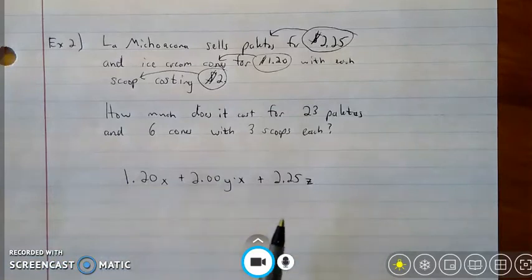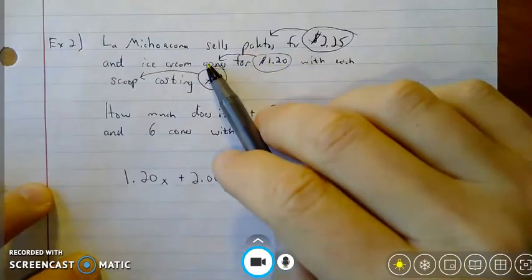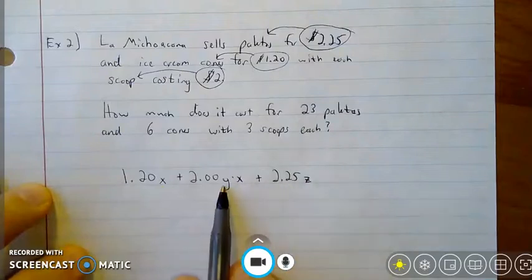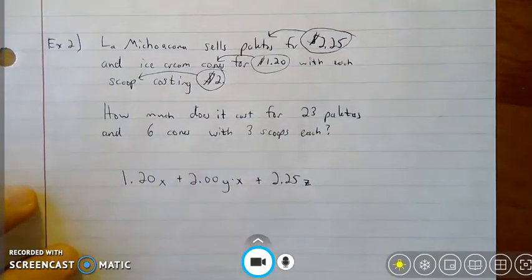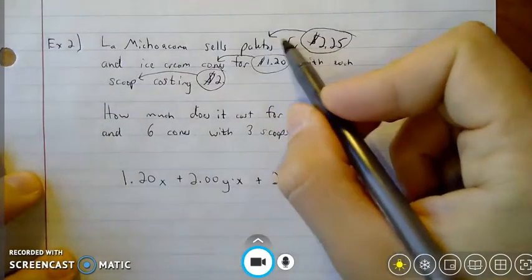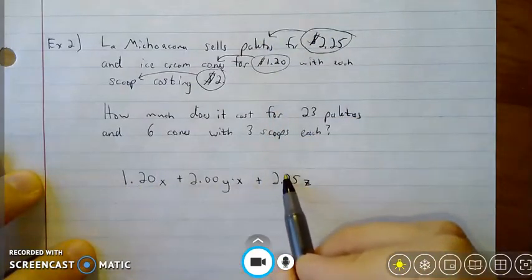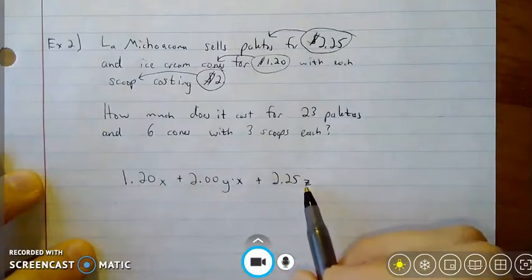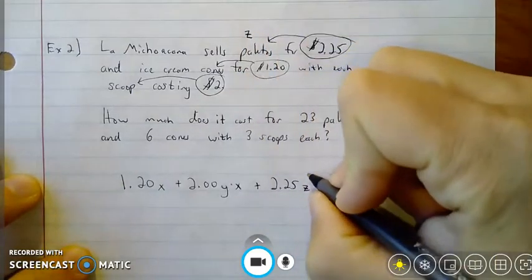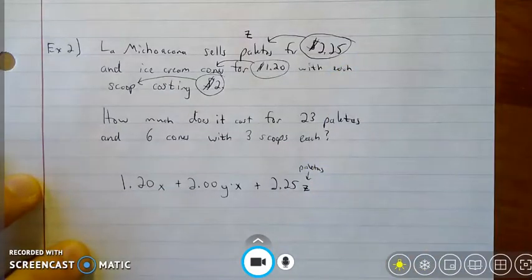So in this expression, it's not as easy as saying, oh, paletas, the variable should be p, cones, it should be c, and scoops, it should be s. We got to figure out, what does x represent, what does y represent, and what does z represent. So the way I would suggest doing this is just looking at what the connections we have up here. So it's 2.25 for a paleta. I only see a 2.25 right here, and it's next to z. So on top of paletas, I'm going to put a z, so I know that's the variable, or you could just put paletas, so you know that's what that variable represents.